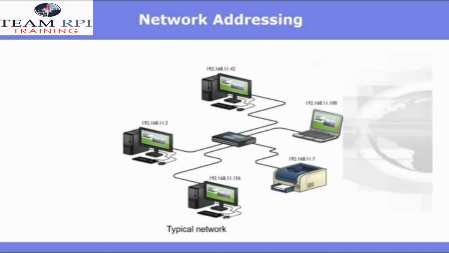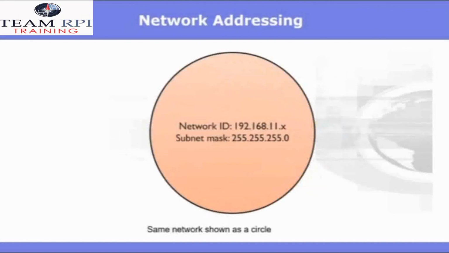Here you see a basic, typical network configuration. Notice the IP addresses. They all start with the same three numbers. Do you remember what kind of network this is? Exactly. It is a Class C network.